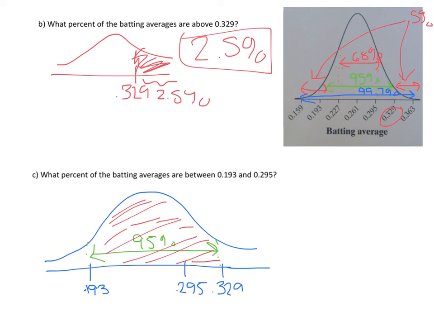We also know that between 0.227 and 0.295 is 68%. So now, the only thing I need to figure out is what is the area of this purple part right here.